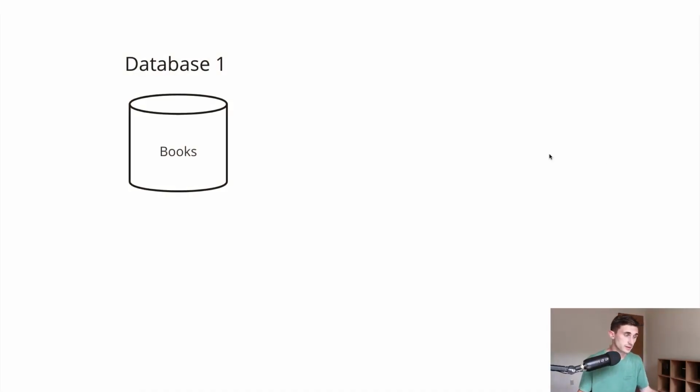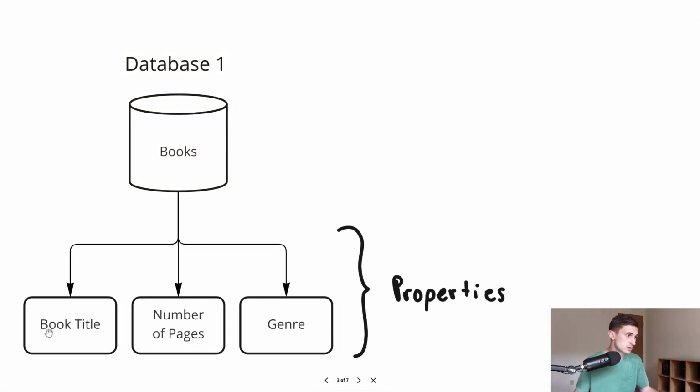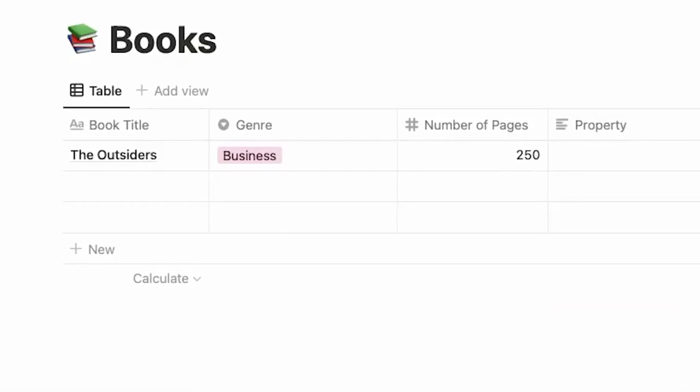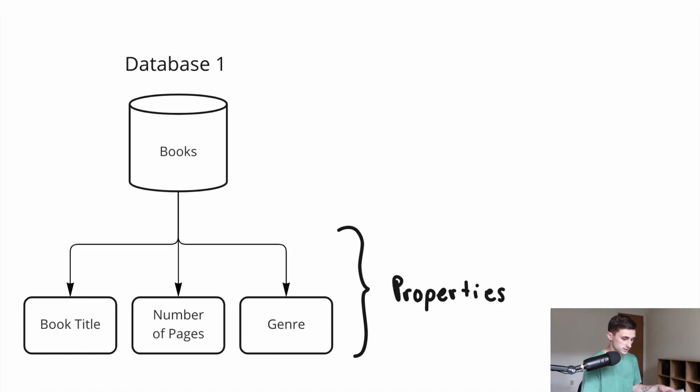If this was one of the books that I was adding to my database, it would have certain properties that come along with it. These properties or attributes could be things like book title, number of pages, genre. For this book, the genre would be business, the title would be The Outsiders, and the number of pages is 250.